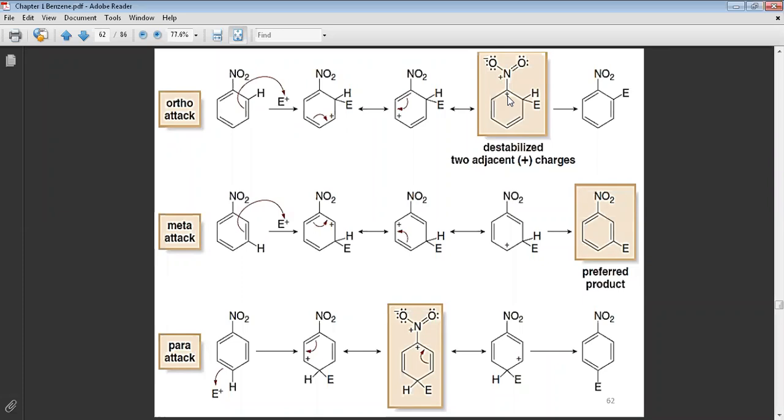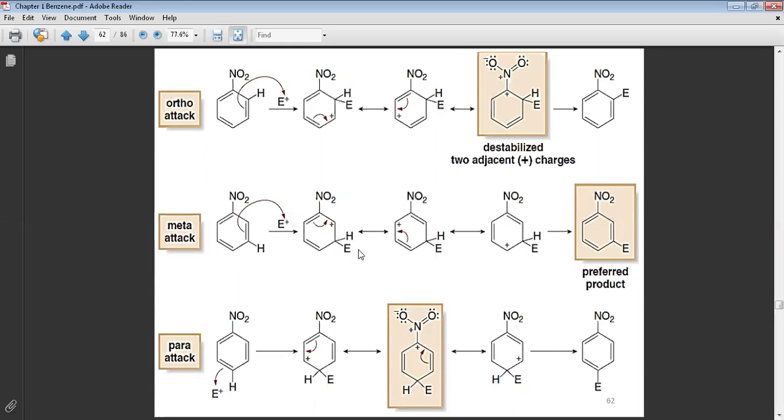Any structure that has 2 negative charges or positive charges near each other will be highly unstable. Look, we have a positive here directly bonded to the positive. Positive with positive, this is highly unstable. Okay, now take the meta. This will open to attack the electrophile.